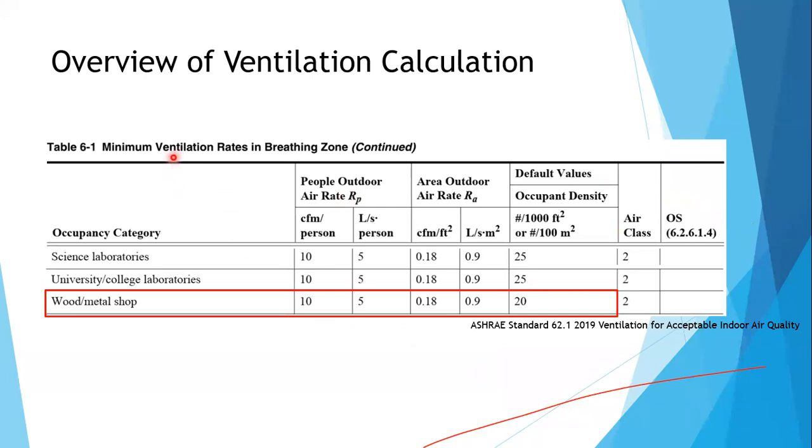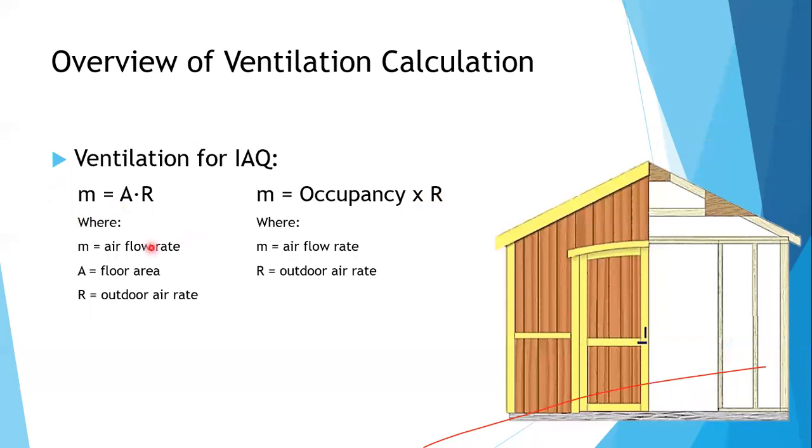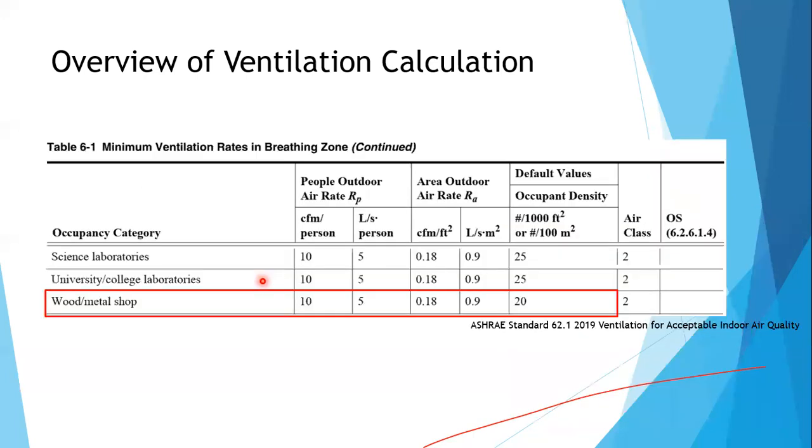This table is from ASHRAE Standard 62.1, 2009. This Table 6.1 tells us the minimum ventilation rates. So this is where we get our values. For this formula, the outdoor air rate can be determined using this table.